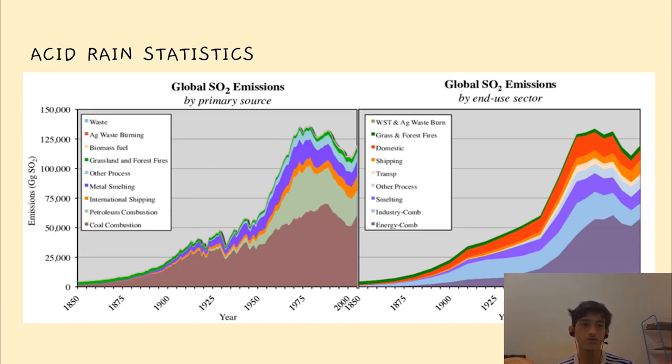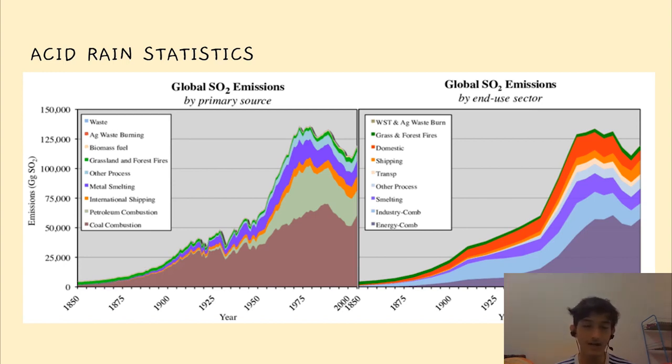This is due to a few factors, and the highest values are from biomass fuel, other processes, smelting, international shipping and petroleum combustion. The increase of industry also leads to global sulfur dioxide emission.